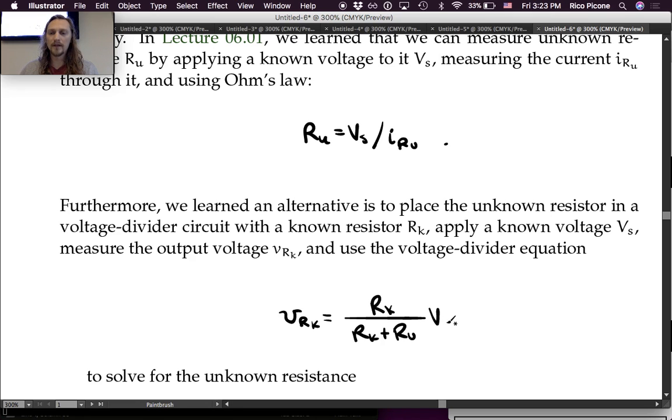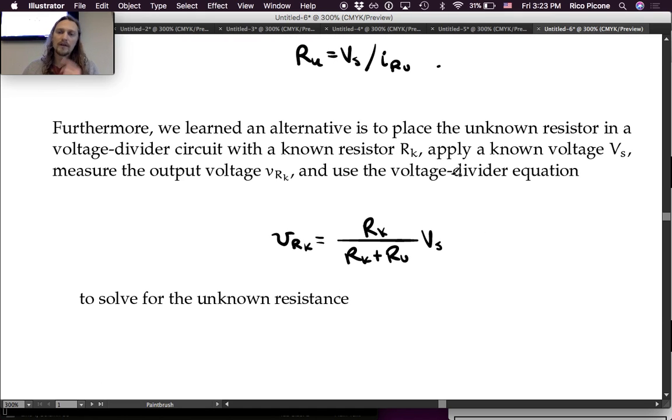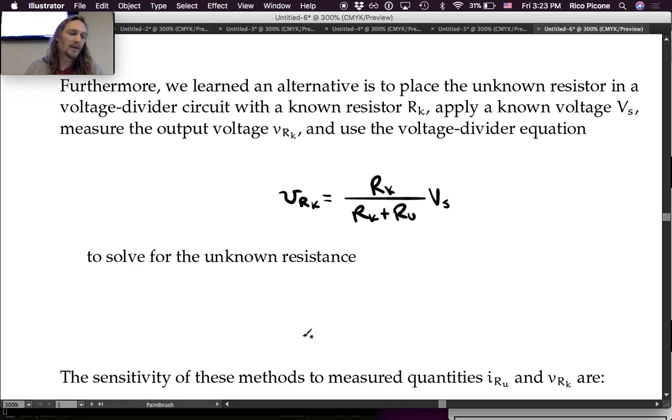So a voltage divider circuit always has that. We use it to solve for the unknown resistance, Ru. We know Rk, it's a known resistance. We measure Vrk, and we know what the input voltage is.